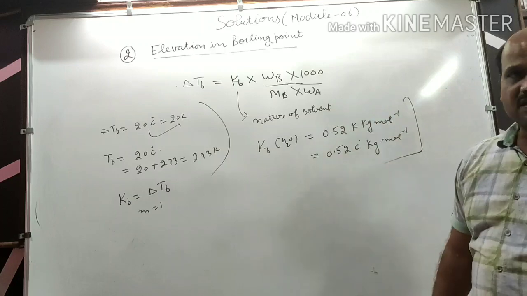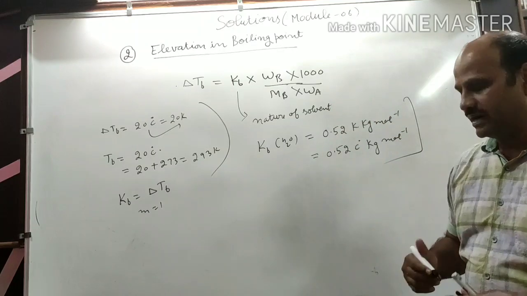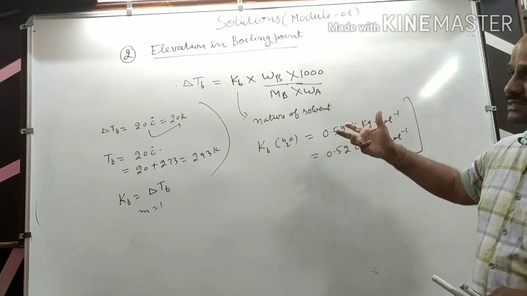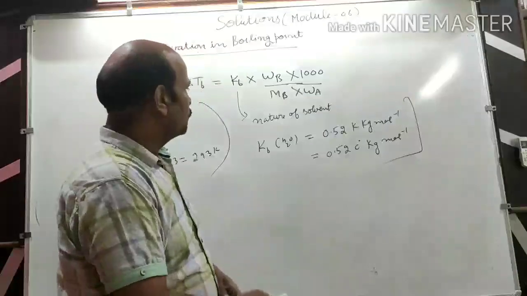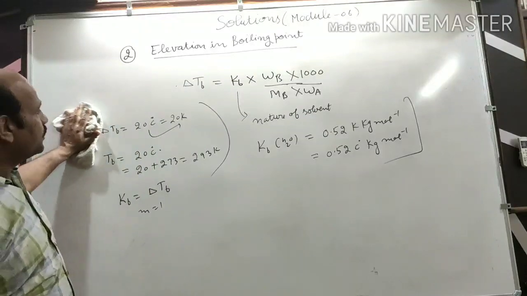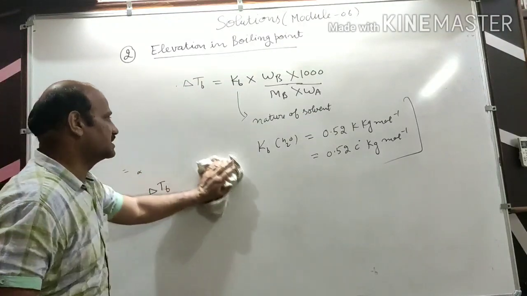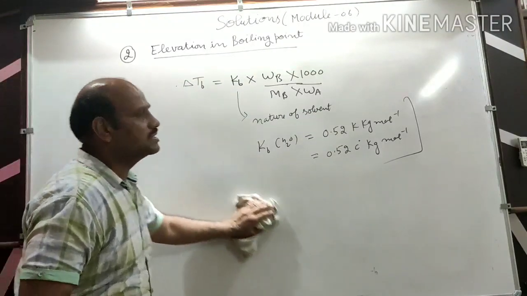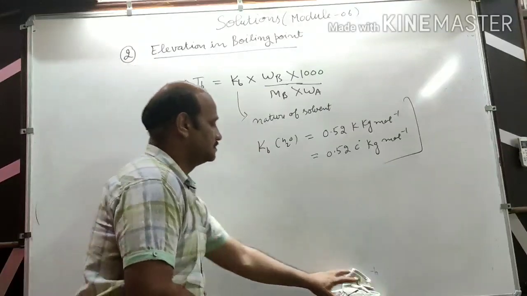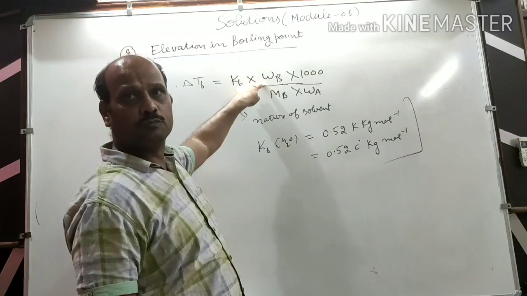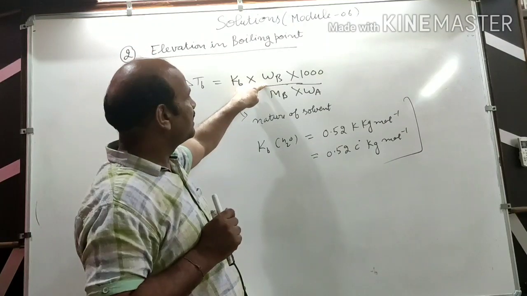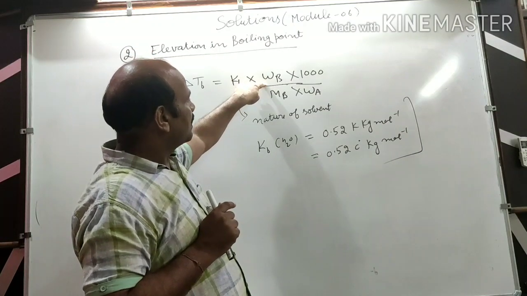For better understanding, one numerical is required here. For numericals also I will give you one special video. Only one numerical we are to discuss here for clarity of the concept. First you understand this. WB is the mass of solute, taken in grams.